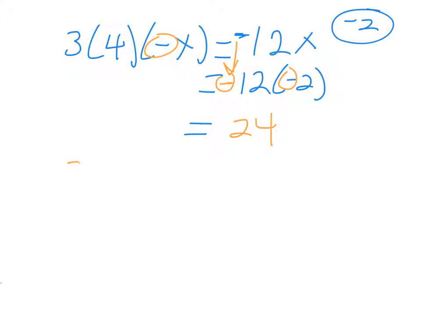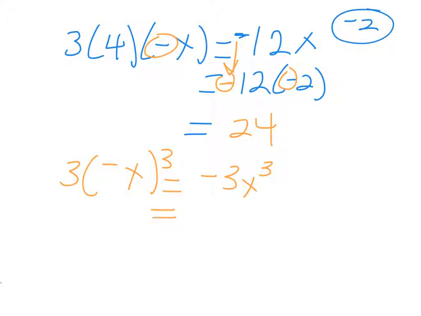Let's try it with 3 times negative x to the third power. As we simplify that down, we know if we wrote this out 3 times, we'd have negative x, negative x, negative x. That's going to be 3 negatives, so our product is going to be a negative product. And in this case, it will be negative 3x to the third power.